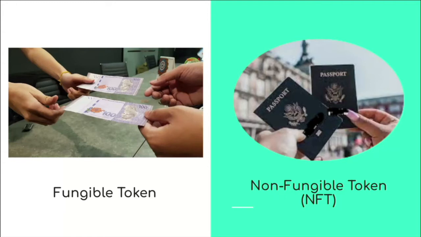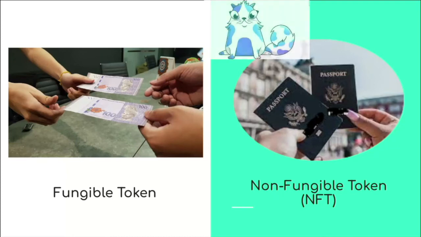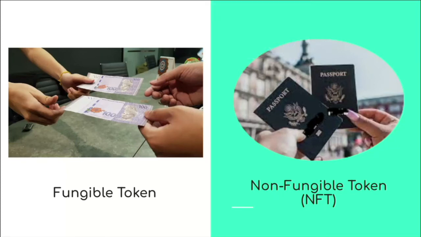But as a matter of fact, before 2017, people were already trading non-fungible tokens. If you have heard of the CryptoPunk, the CryptoKitty, they are all non-fungible tokens. Each of these non-fungible tokens is unique by itself. There will be no other that is exactly the same.